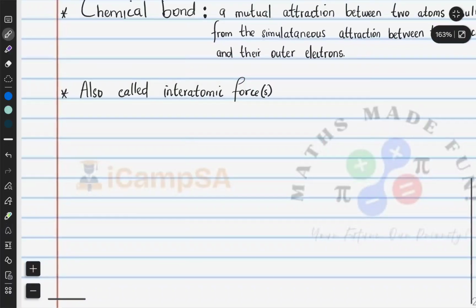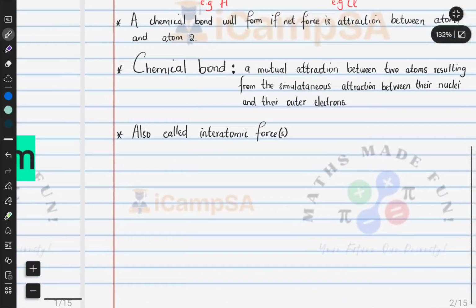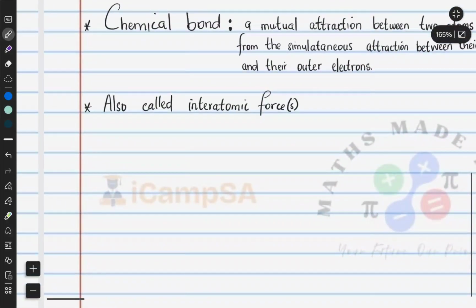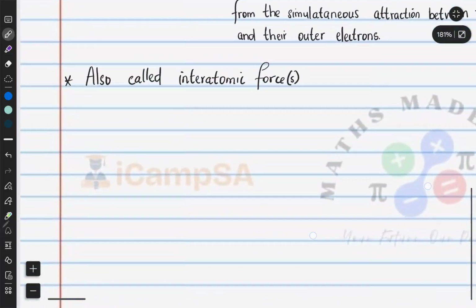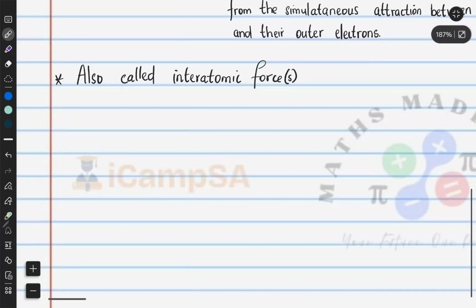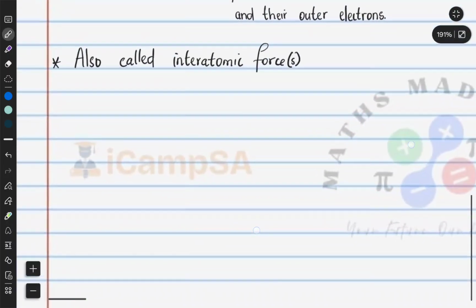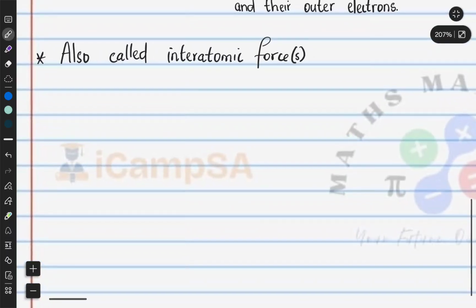Now there are three types of these interatomic forces or chemical bonds that we normally look at, right? So we have 1, an ionic bond, 2, a covalent bond, which is the main focus of today, and then 3, a metallic bond, right? So they differ depending on which atoms or elements are involved in that specific bond.